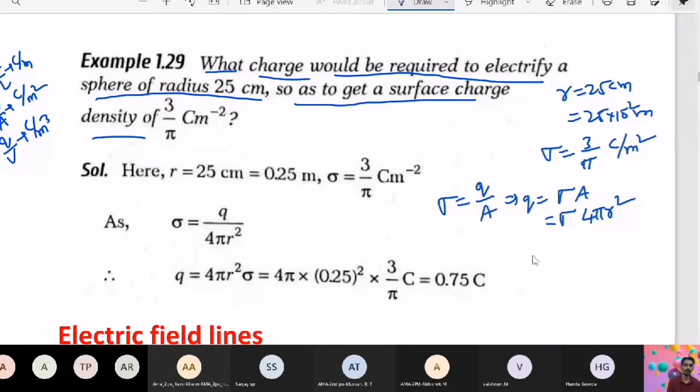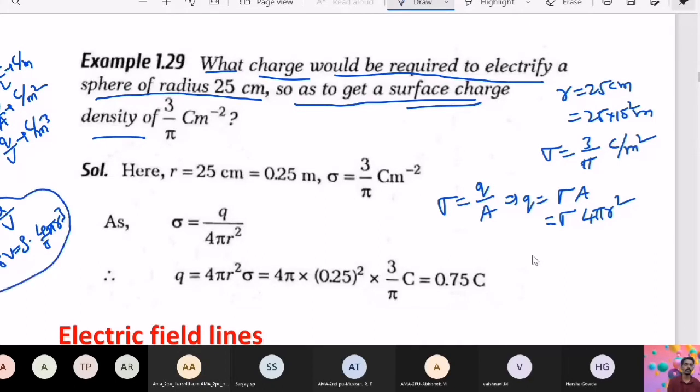Suppose volume density. Suppose for the same question, instead of surface charge, they have given volume charge. Suppose for the sphere. So they have given volume charge means then you will define Q by V. Then Q equal to rho into V. So rho into V means how much? 4 by 3 pi r cube.